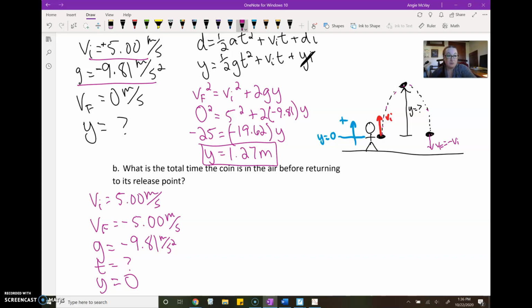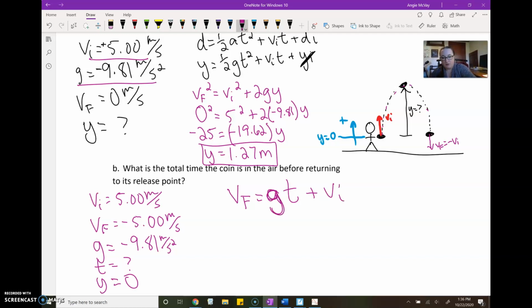There's an easier tool. Instead of solving a quadratic, physicists aren't lazy, but they use the right tool for the job. I would use, for this, v final equals acceleration times time plus v initial, where the acceleration is due to gravity.